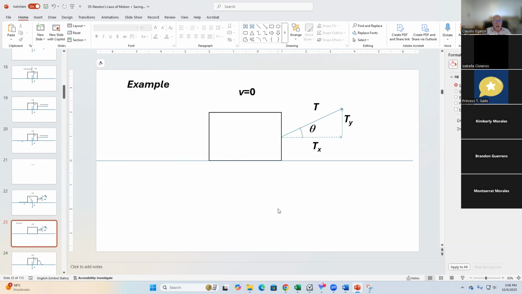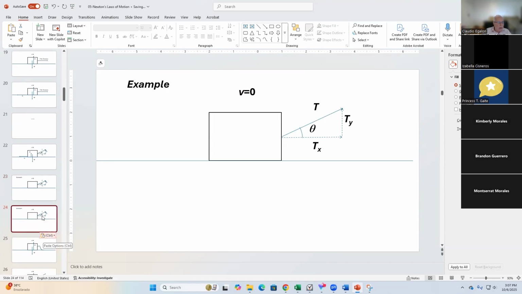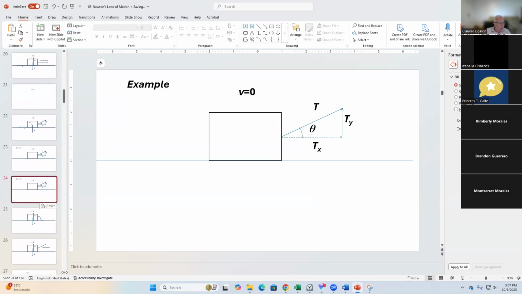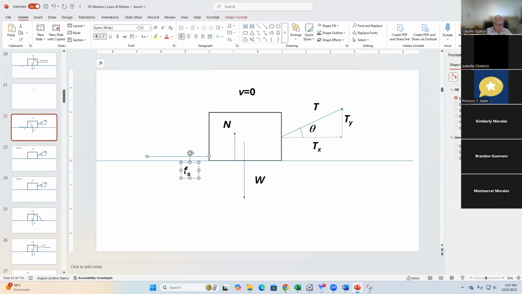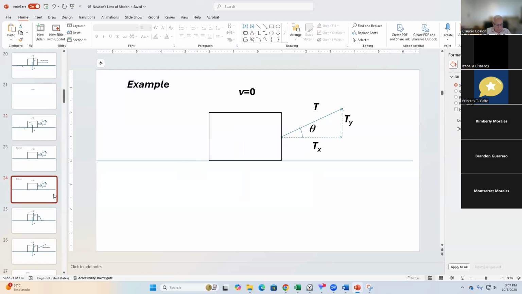Because the object is at rest, there must be an x component, a frictional force countering this object. And because the object is at rest as well, this frictional force must be the static force of friction. That's my second force.